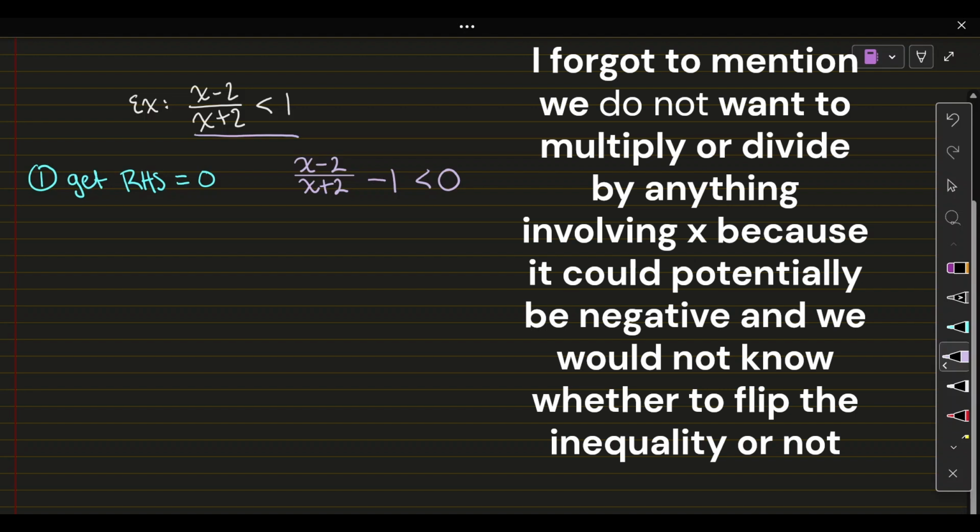Cool. Now my second step is to get the left-hand side as one fraction. So in this case, I have x minus 2 over x plus 2 minus 1, and I want to put that as one fraction.